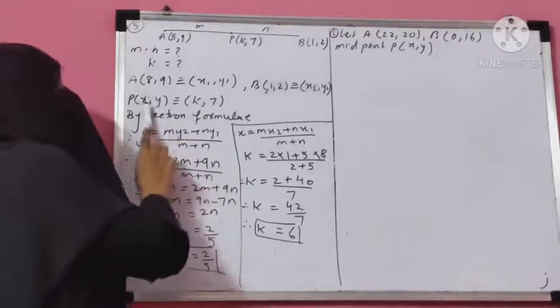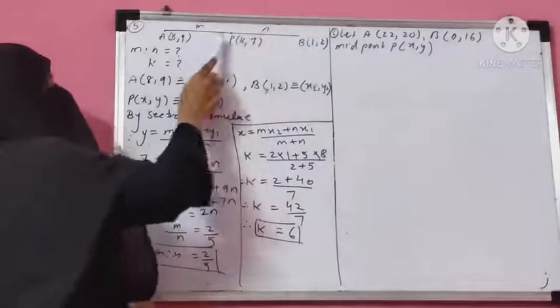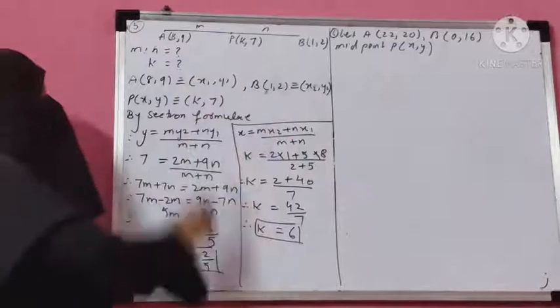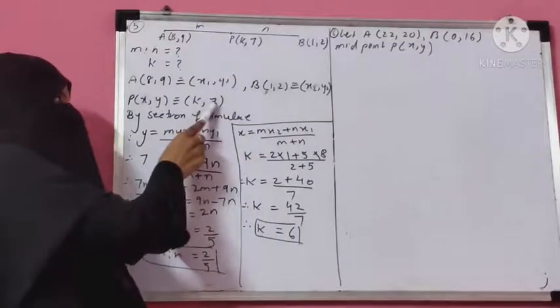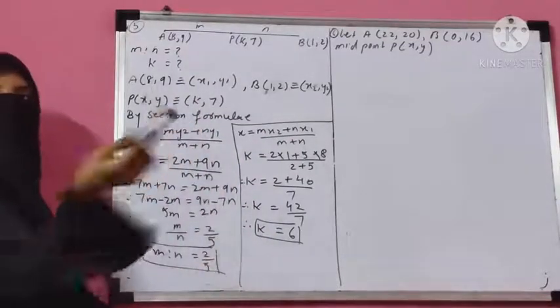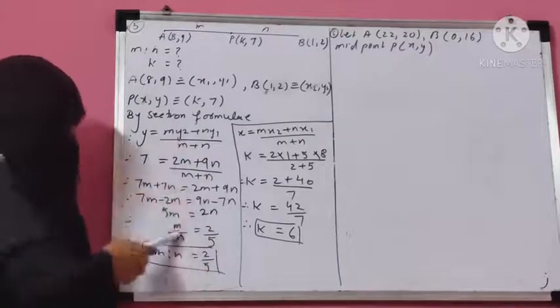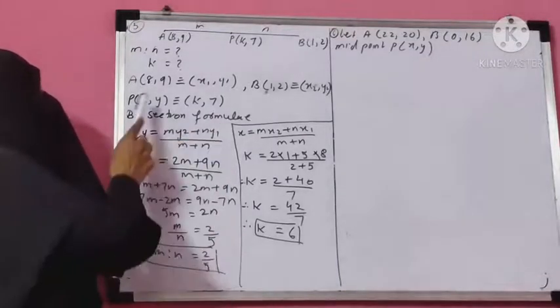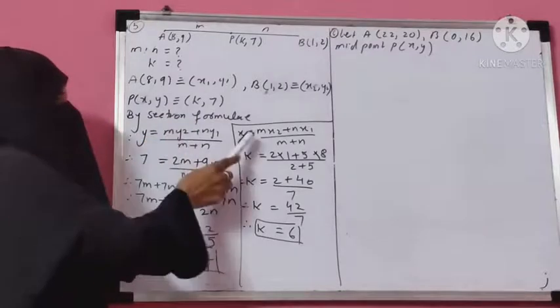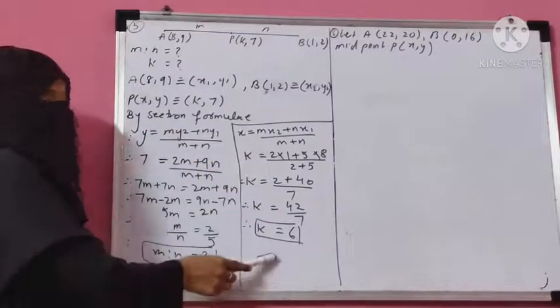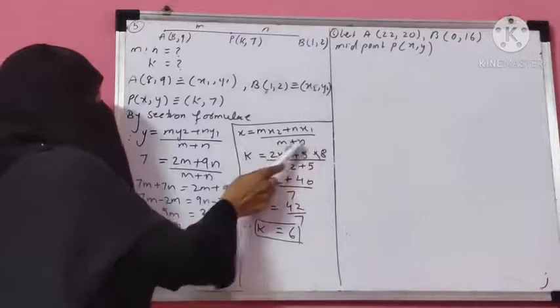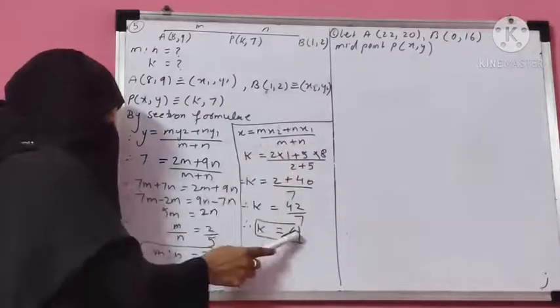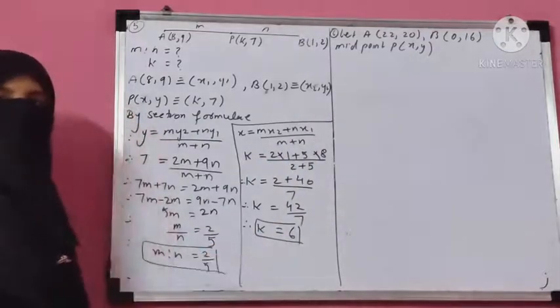To find the ratio in which this point divides this segment, we have to use the formula of y coordinate because the x coordinate value is K. So from the y coordinate we find the ratio m is to n is 2 upon 5. To find the value of K, we use the x coordinate formula of section, that is (mx2 plus nx1) divided by (m plus n). Then substitute the values, and you get K value is 6.